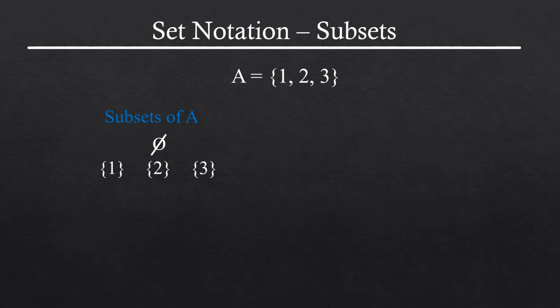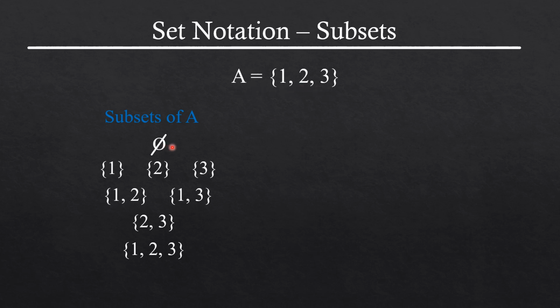Then I have a set that has two elements, 1 and 2, 1 and 3, and then I can have 2 and 3. So those are the only ways I can have two elements. And then I have the full set, 1, 2, and 3. So these are all of the ways that I can have any smaller sets of the big set.